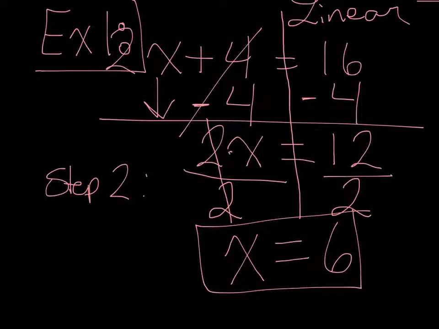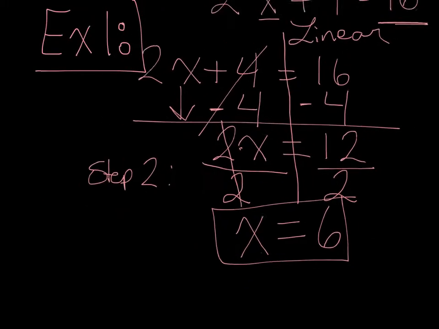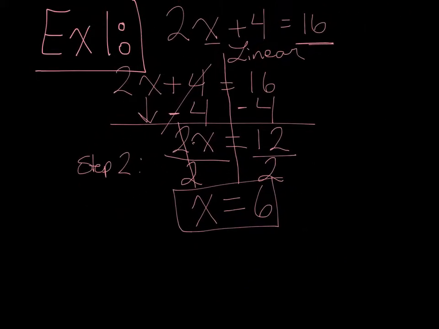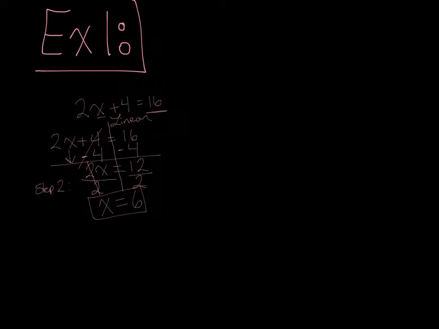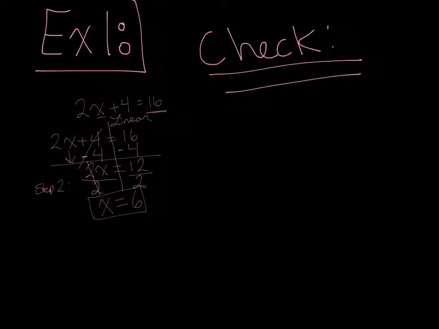Okay, so I kind of think of this as halfway done because I've done all of the work, but I'm not quite there yet. What I still need to do is check my work. To check, you use the original equation, 2x plus 4 is equal to 16, and I'm going to plug in what I got for my answer.